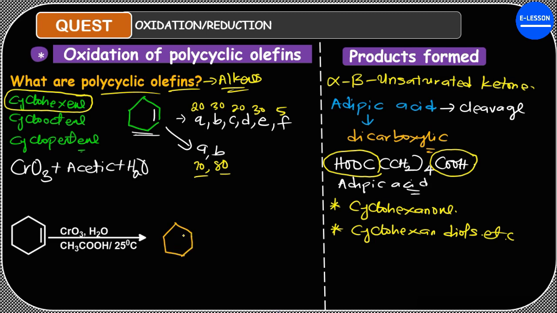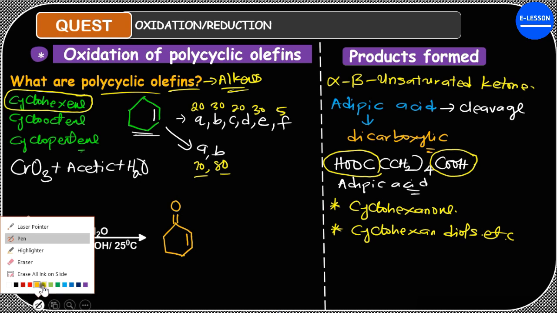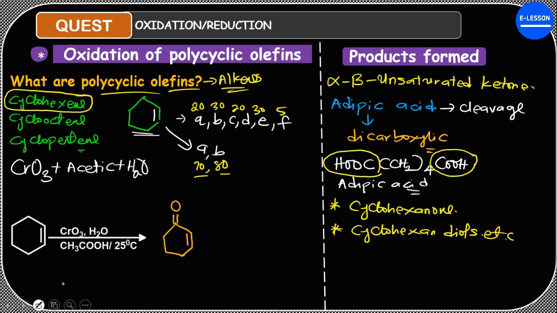I know some of us are wondering, what is this guy talking about, alpha-beta unsaturated? Now this is the group carrying the functional group. Here, if you look at this structure very well, this is the ketone functional group, right? Now this carbon here is called the alpha carbon, while this one here is called the beta carbon.